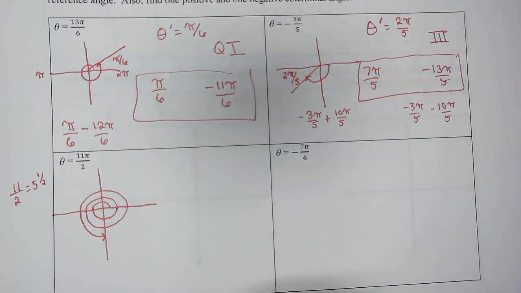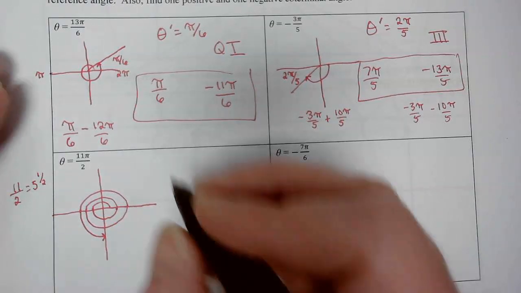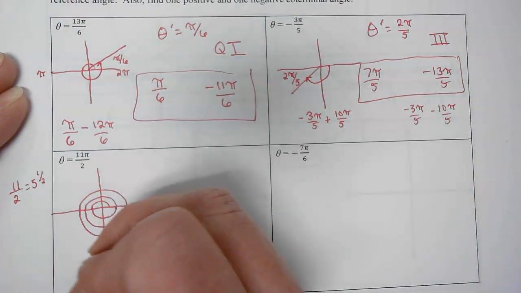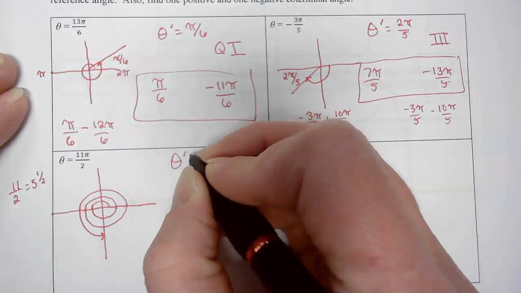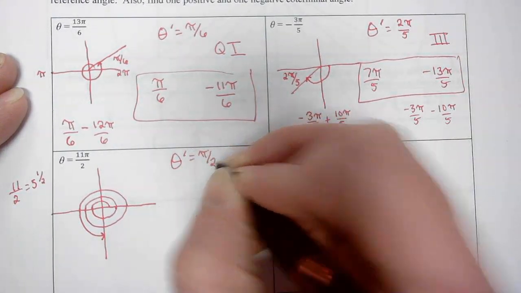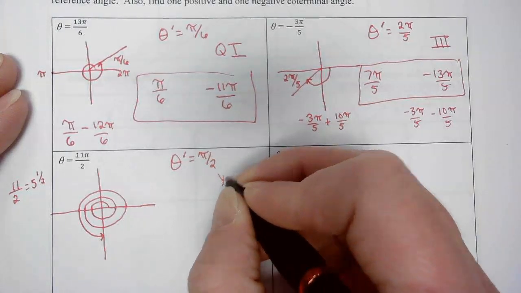So this one didn't land in a quadrant. It landed on that y-axis. So as far as a reference angle, my reference angle would be just half of a pi. My reference angle would be pi over 2. Quadrant is on the y-axis.